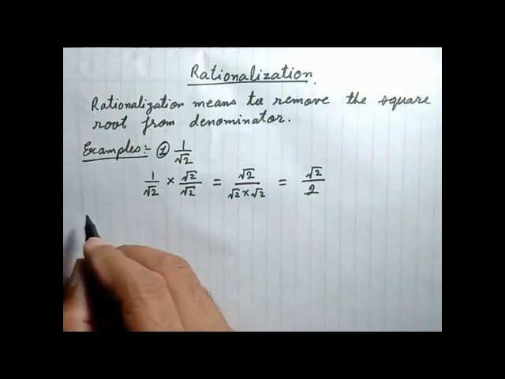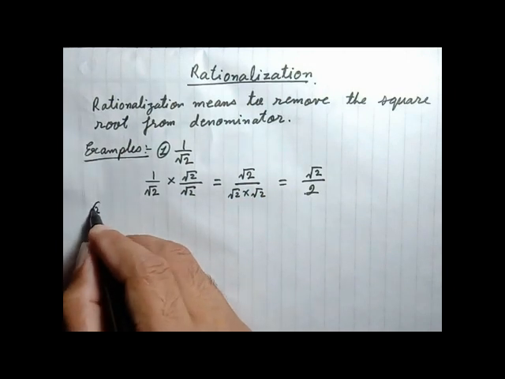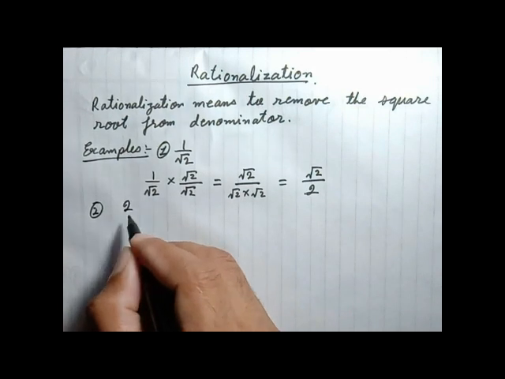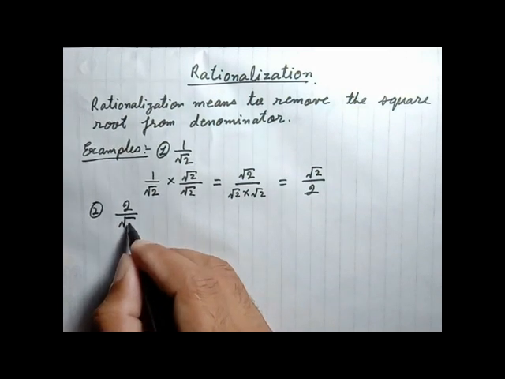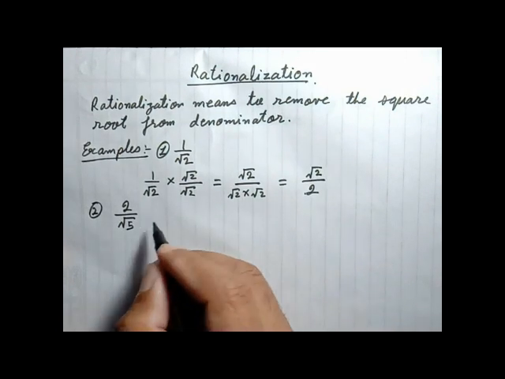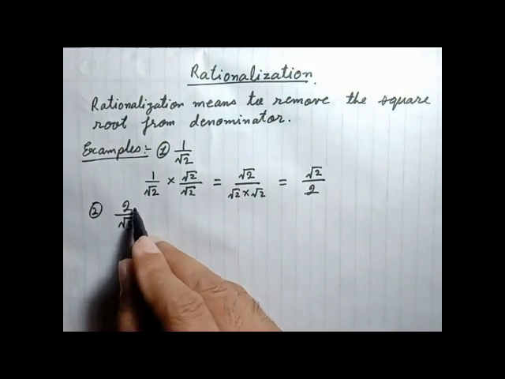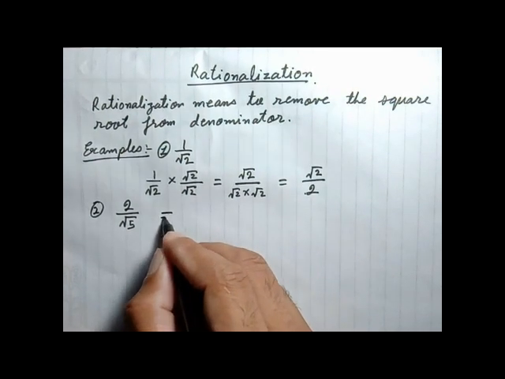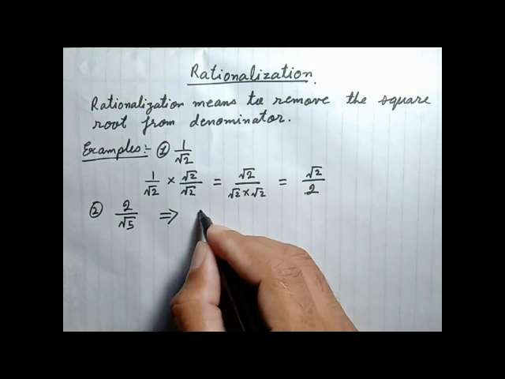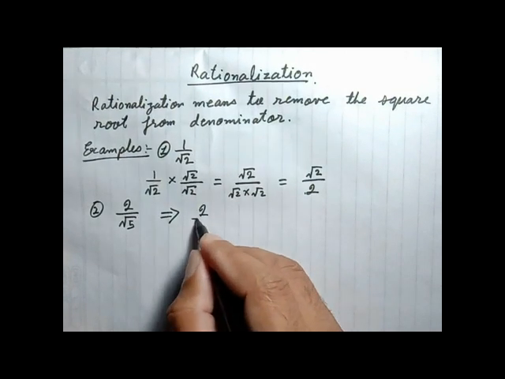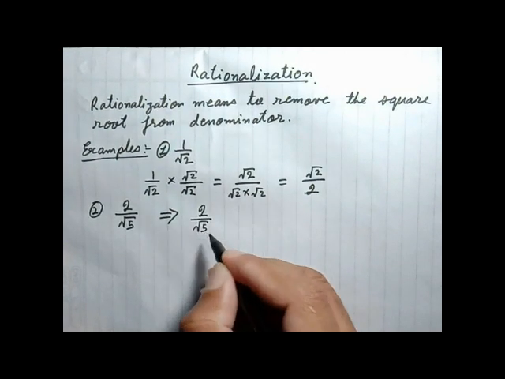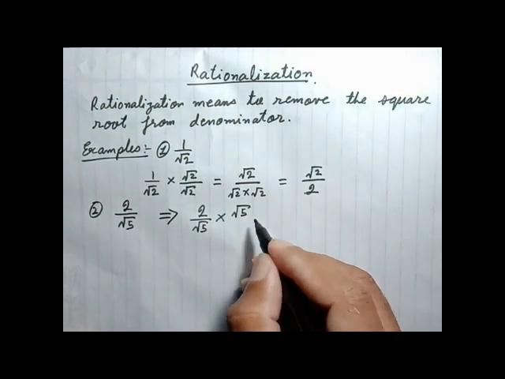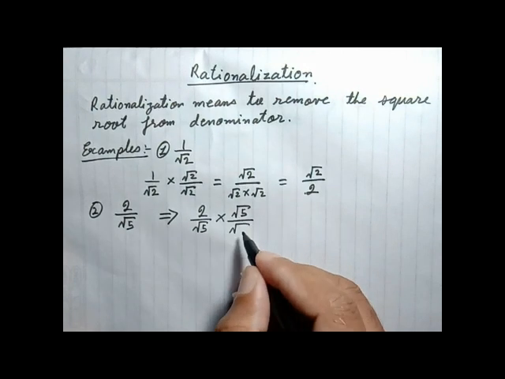Now we will take another example, example 2. 2 upon under root 5. So now we have to rationalize 2 upon under root 5. So in the same manner we will multiply the numerator of the fraction by root 5 and the denominator by root 5.